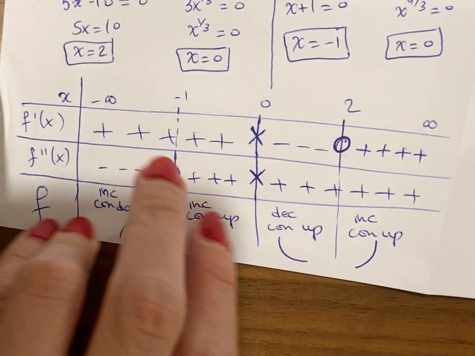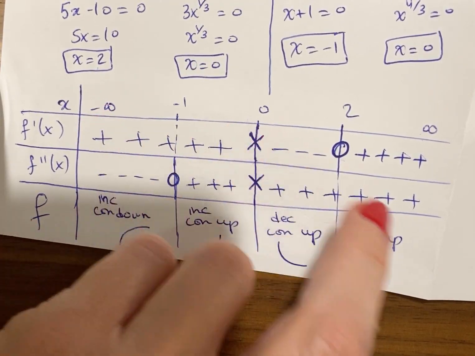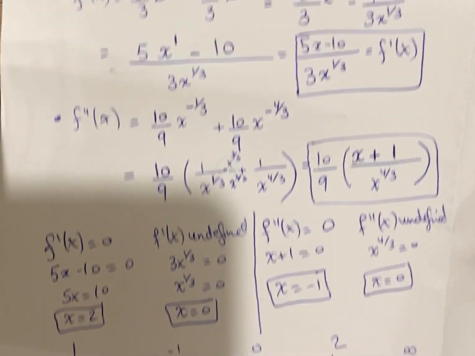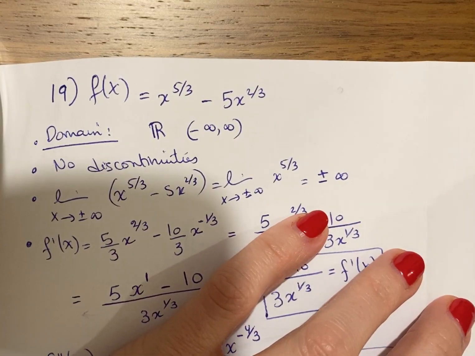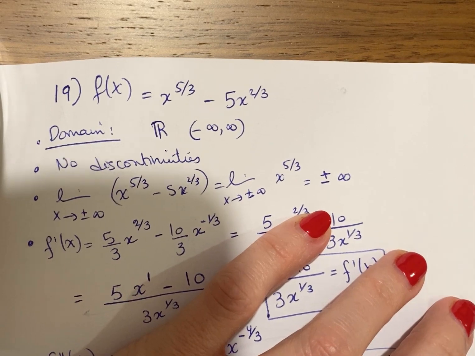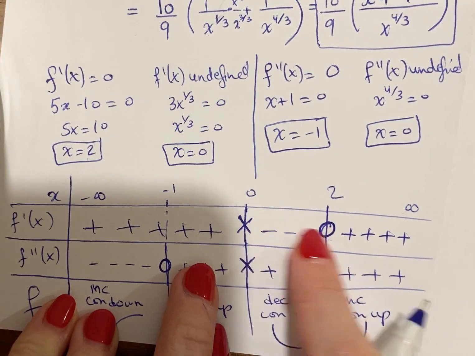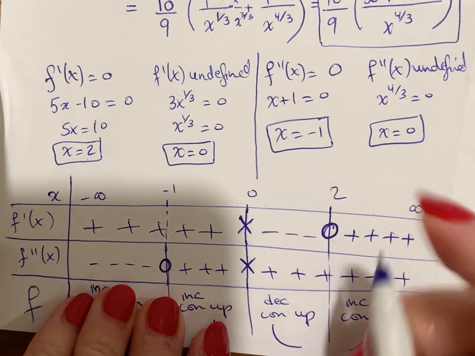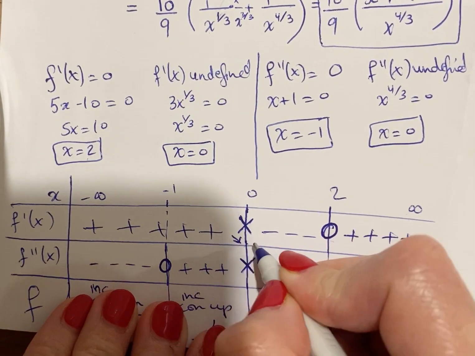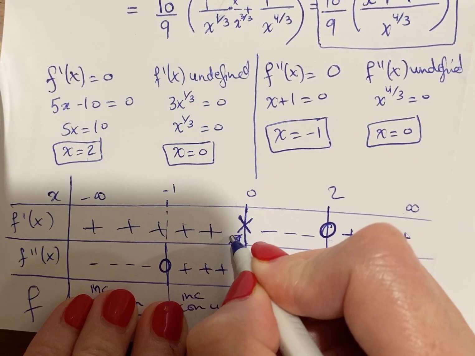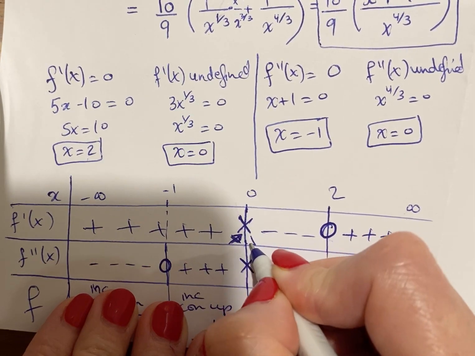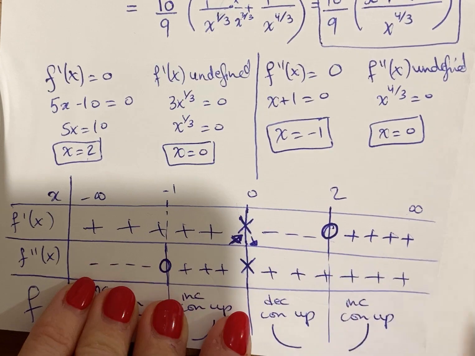So let's look. It's increasing from minus infinity to 0 and 2 to infinity. I will write it, minus infinity to 0 and 2 to infinity. It's decreasing from 0 to 2. Anytime it changes monotonicity like this, it was increasing, it started to decrease. What do we have here?